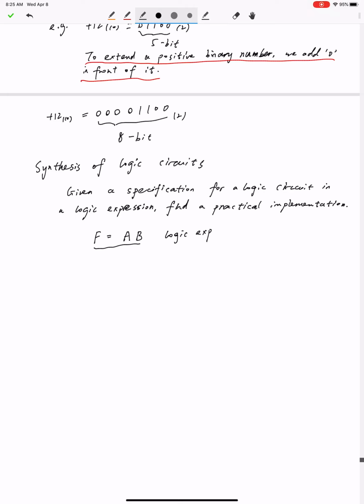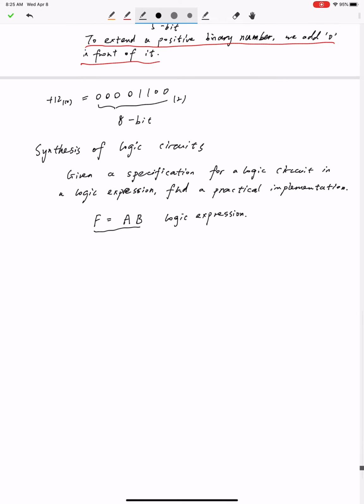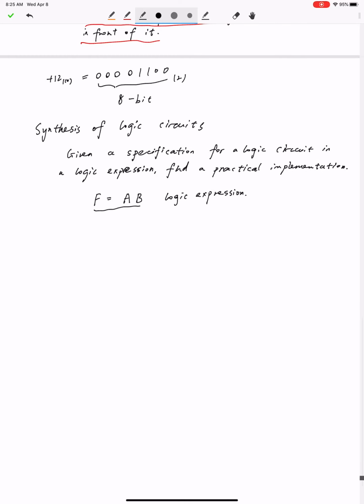Can you find the practical implementation of this logic expression? The answer is simple, right? We just use an AND gate to do this job because we have A times B. So we have two inputs, A and B. The output is F, and that is the output of the AND gate, right? So this together is the synthesis of a logical circuit.